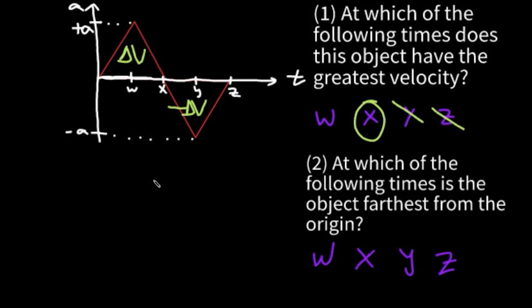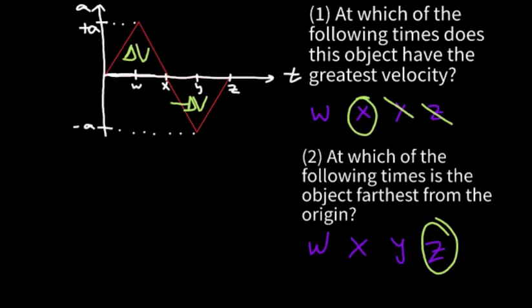So that means we have a change in velocity of 0. And because these are the same magnitudes, we never have a negative velocity because we're never going backwards past the origin. And that means at point Z here, the object is farthest from the origin.